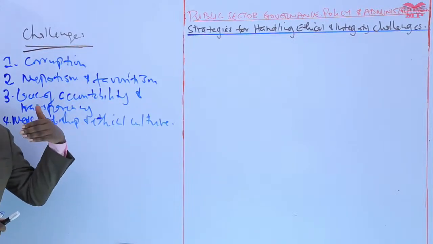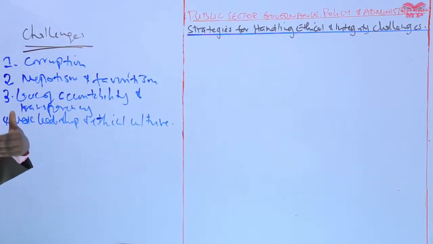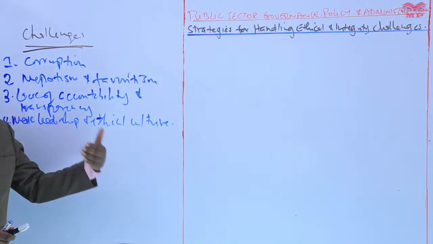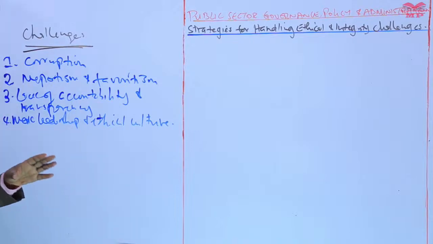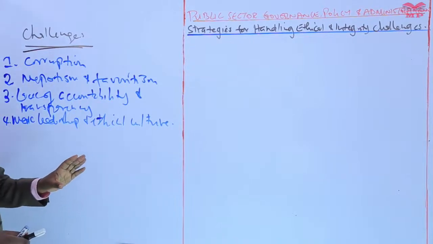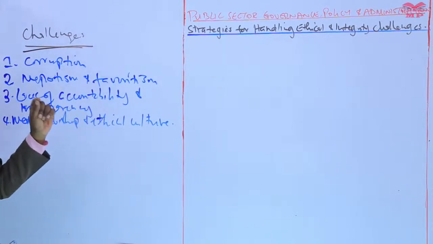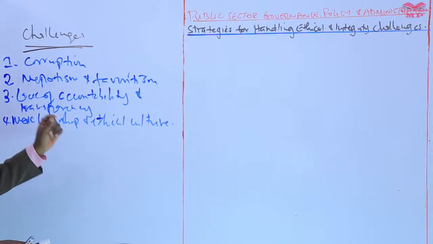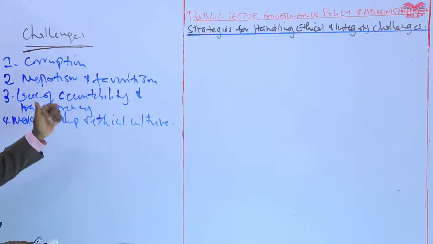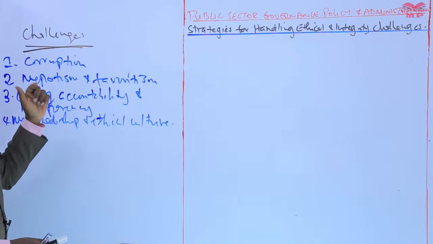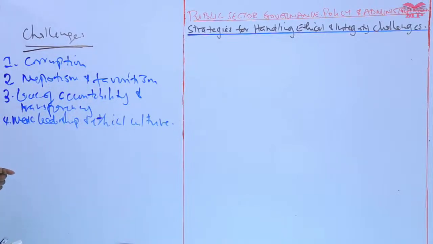And when leaders engage in or tolerate unethical behavior, it creates a culture of impunity where corruption and other malpractices thrive. So when leaders are unethical, then it sets a very bad example, because remember, it all begins at the top. When the tone at the top is an unethical tone, then that is a challenge to integrity and ethics in the public sector.